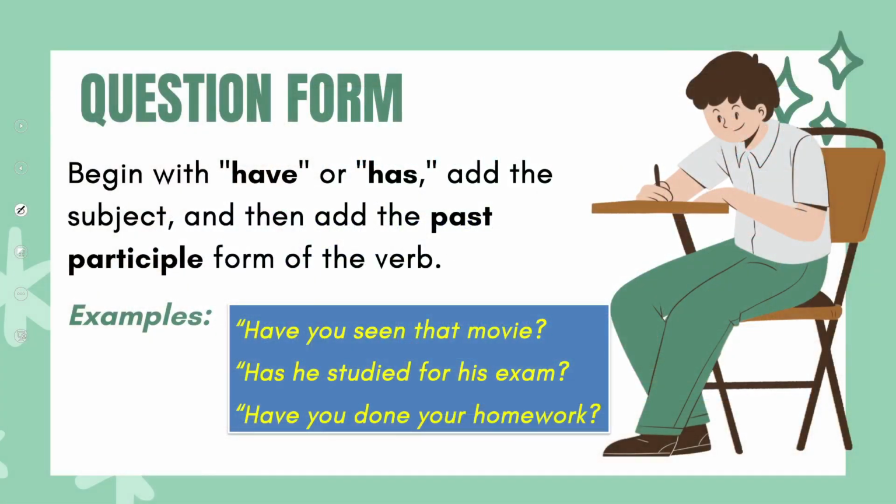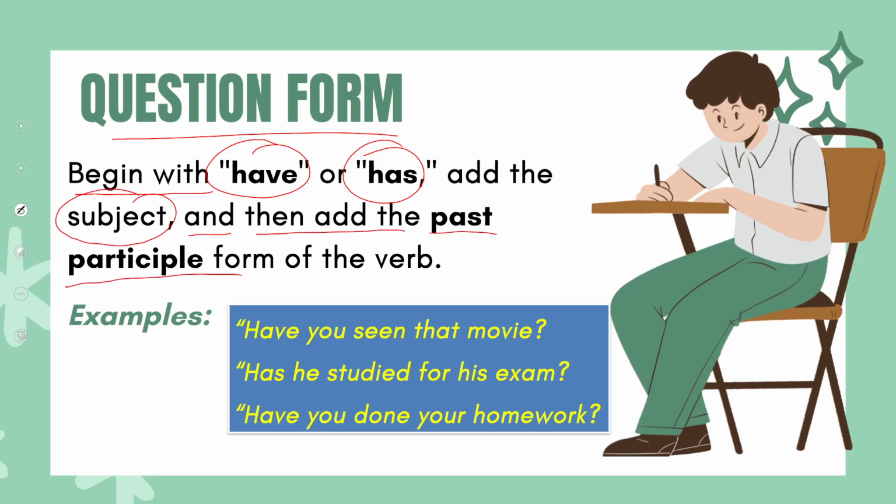Next one is the question form, which we also call the interrogative form. Begin with have or has, add the subject, and then add the past participle form of the verb. So we will begin our sentence with have or has, adding the subject and then the past participle form. Have you seen that movie?